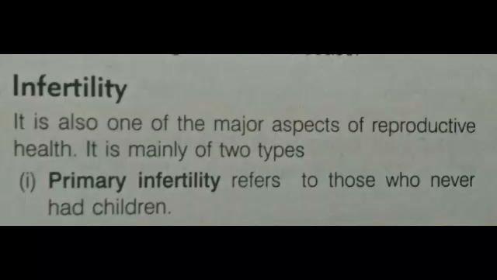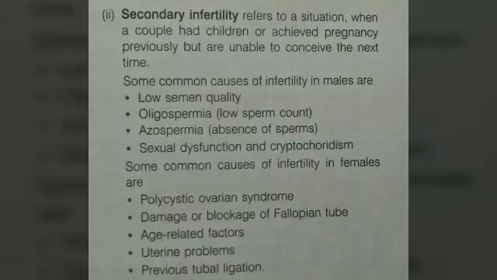Next one is infertility. It is also one of the major aspects of reproductive health. It is mainly of two types. First is primary infertility and second is secondary infertility. Primary infertility refers to those who never had children.